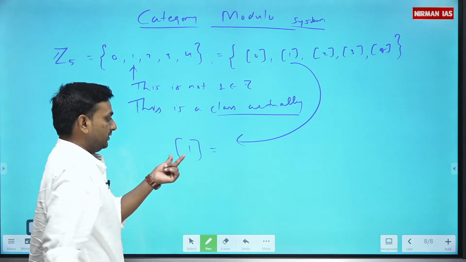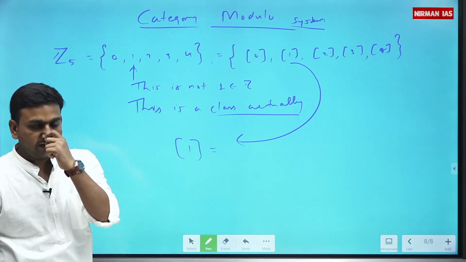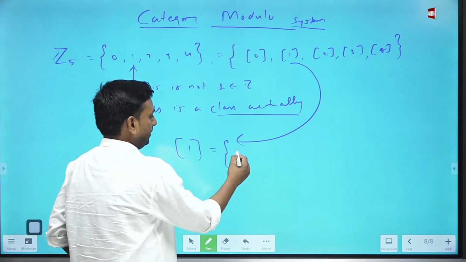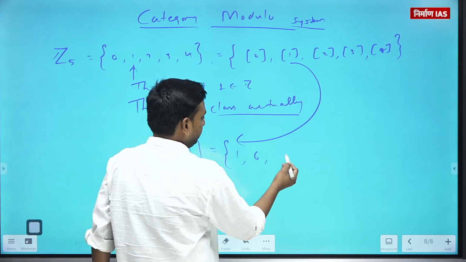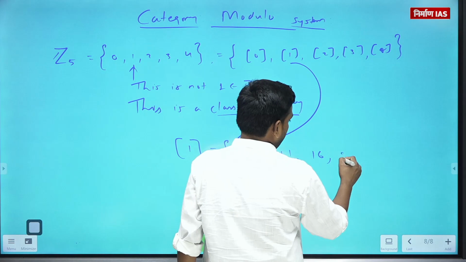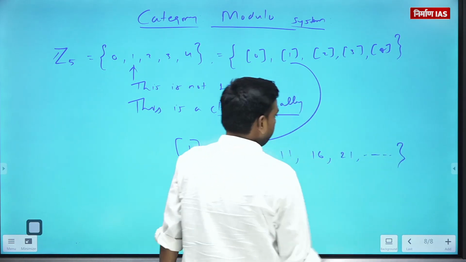When I say this class 1, it says all those elements 1, 6, 11, 16, 21 and so on.